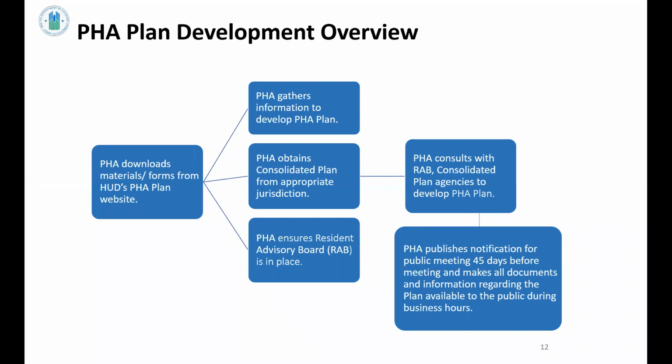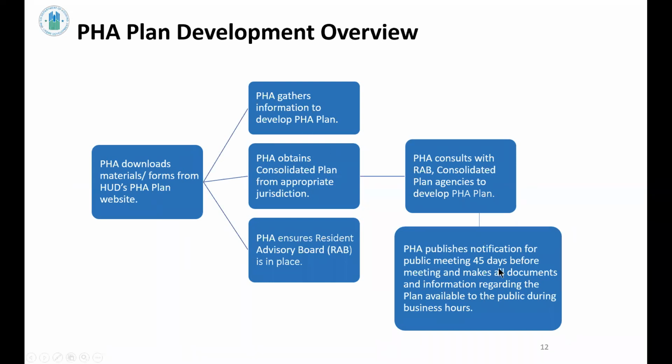Because remember, the PHA plan is due 75 days prior to commencement of their fiscal year. Their schedule for plan development should begin in sufficient time for the 45-day public review period, the public hearing itself, and incorporation of any public comments received on the plan. There should also be ample time to obtain proper signed certifications and board certification.